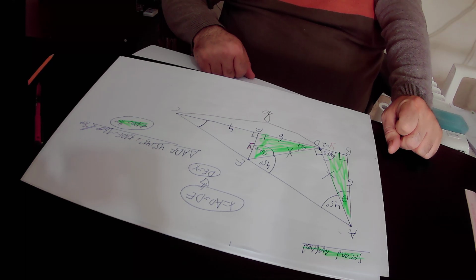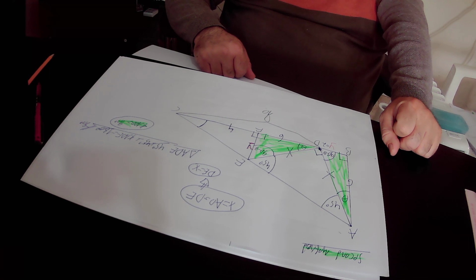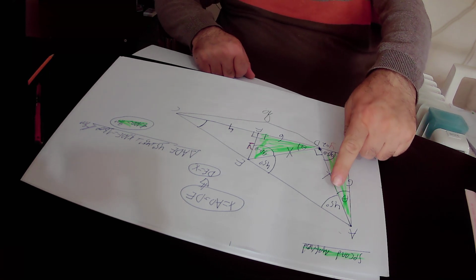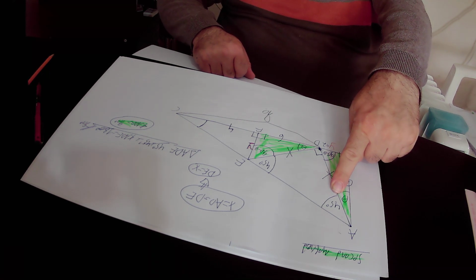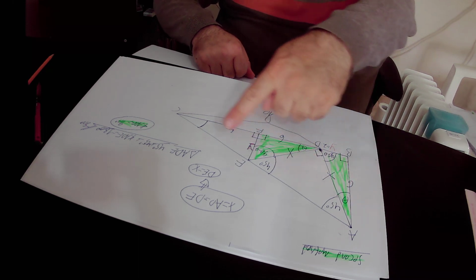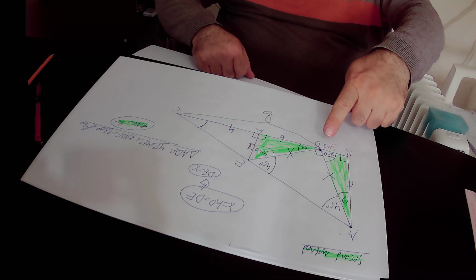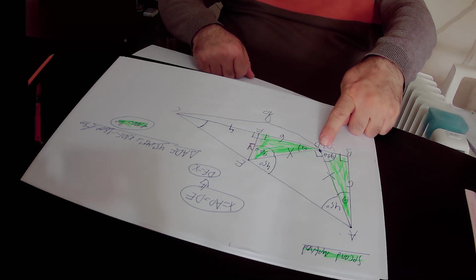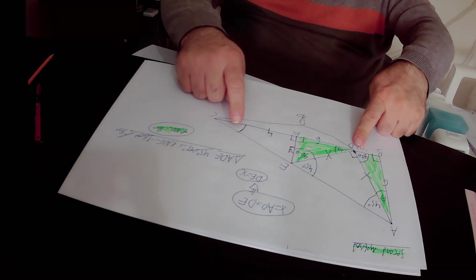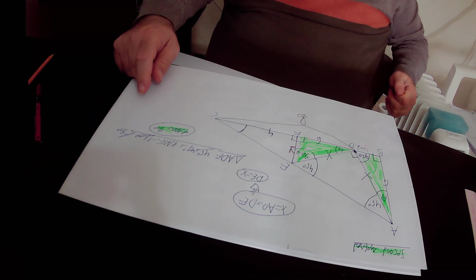And in triangle ADE, we know that the sum of the angles must be equal to 180 degrees. Which angles do we have here? We have one angle that is equal to 45 degrees. This angle is also equal to 45 degrees. Plus the missing angle, angle ADE. In total, the sum of those three angles must be equal to 180 degrees.